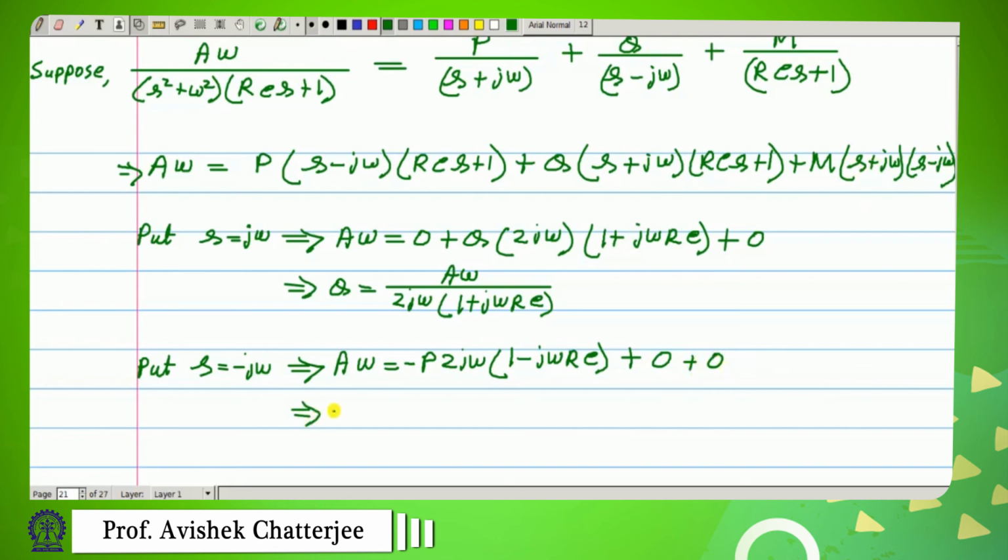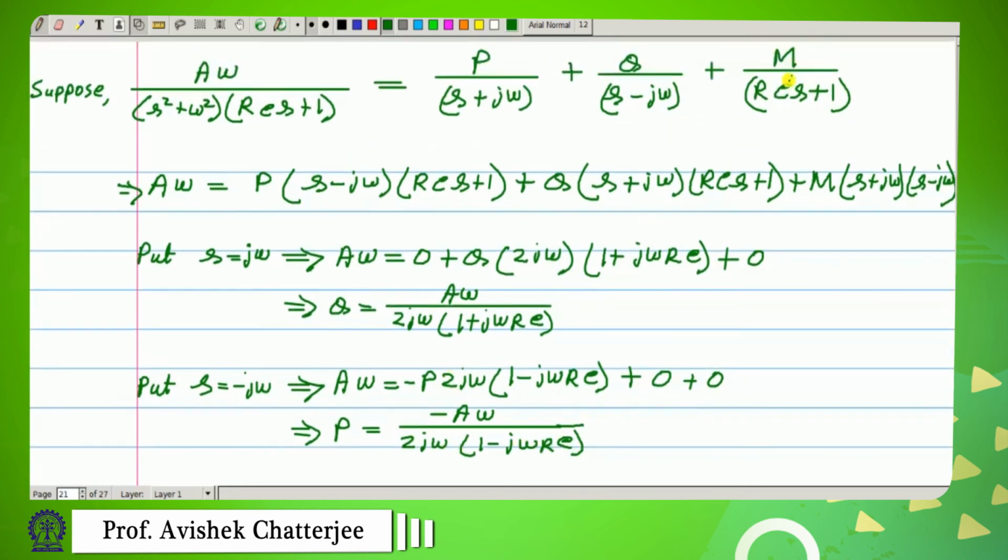So we get p equal to A omega divided by minus 2j omega, then (1 minus j omega RC).